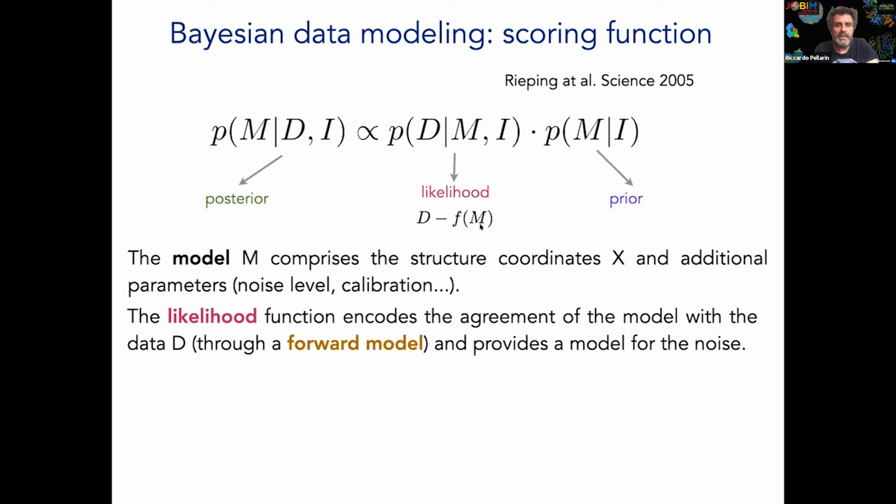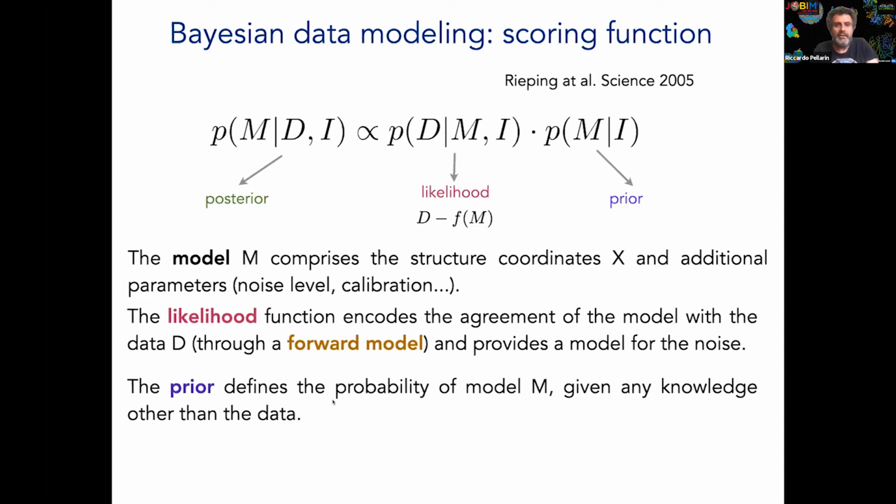So this forward model is practically the way we back calculate the data from the input model. If we have the coordinate model and want to get, for instance, the actual cryo-EM map that this model would have generated, this will back generate this kind of model data, which you compare directly within the likelihood to the real data to create a kind of probability distance, the probability of producing this data using the model.